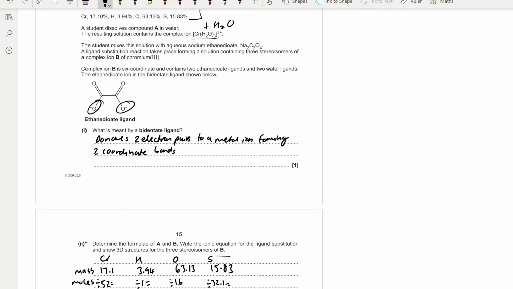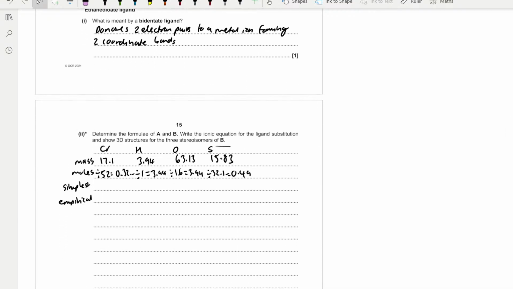So that gives us 0.32, 3.94 is going to give us 3.94. Oxygen, we've got 3.94 again, and sulfur we've got 32.1, which gives us 0.49. So Cr is the smallest, so we're going to divide them all by that.